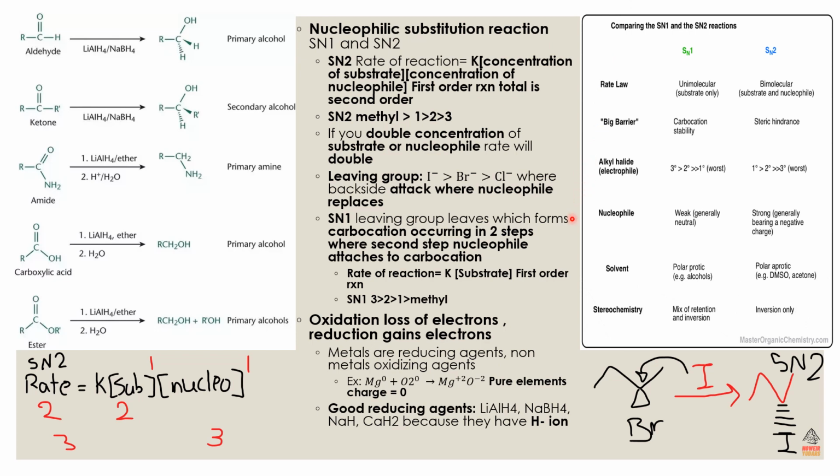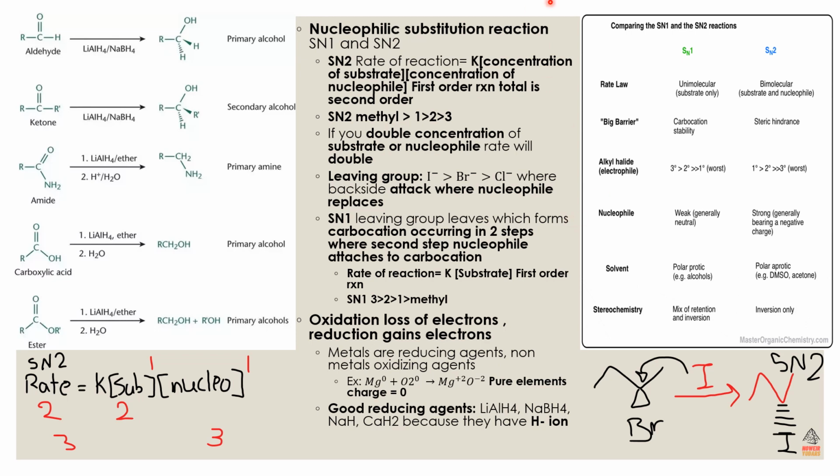Alright, there is no inversion, but I would say there are two probabilities for attacking the leaving group, and that's from the front side or the back side.